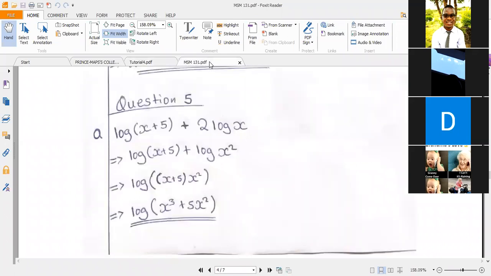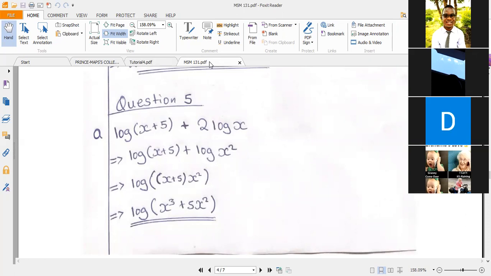We go to our solutions. We have the first part, log of x plus 5 plus 2 log of x.